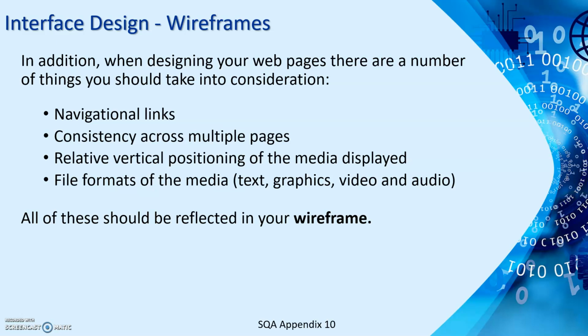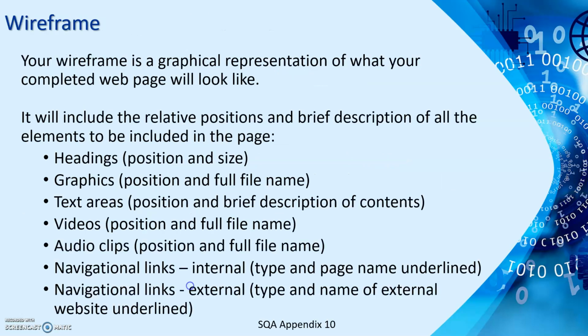Okay, you don't need to try and do any fancy layouts at all. And you need to be aware of the file formats, because you have to display that on the wireframe of the media. So which text file is it? What sort of graphic file is it? Which file format for your video, your audio? Okay, and all of that information will be reflected in your wireframe.